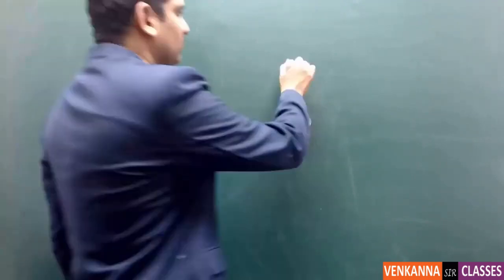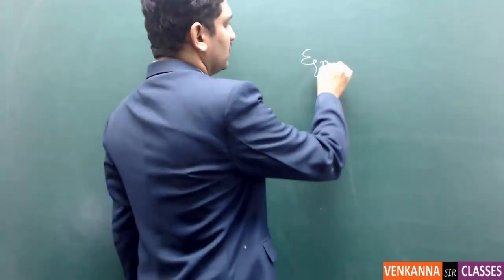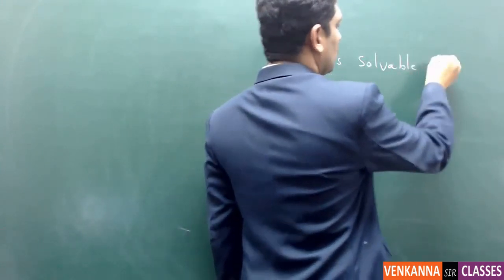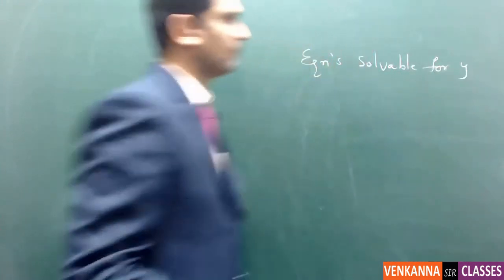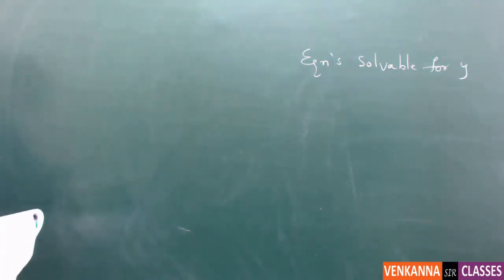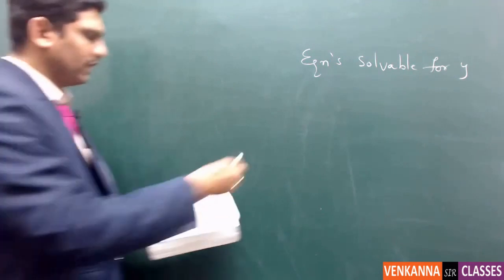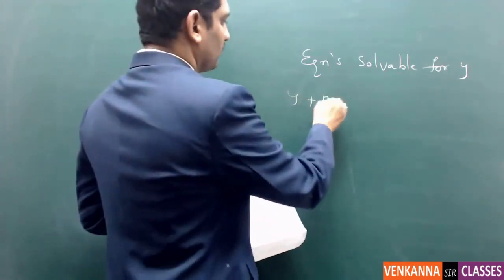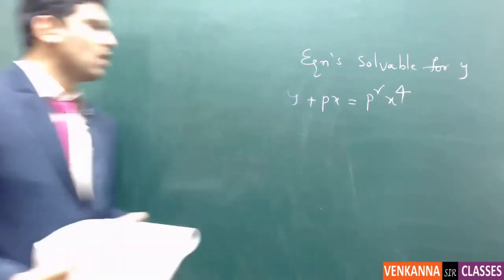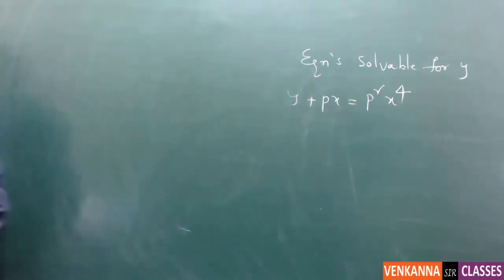So it is nothing but equations solvable for y. I am taking the problems under this category. So take the equation y plus px is equal to p square x power 4.